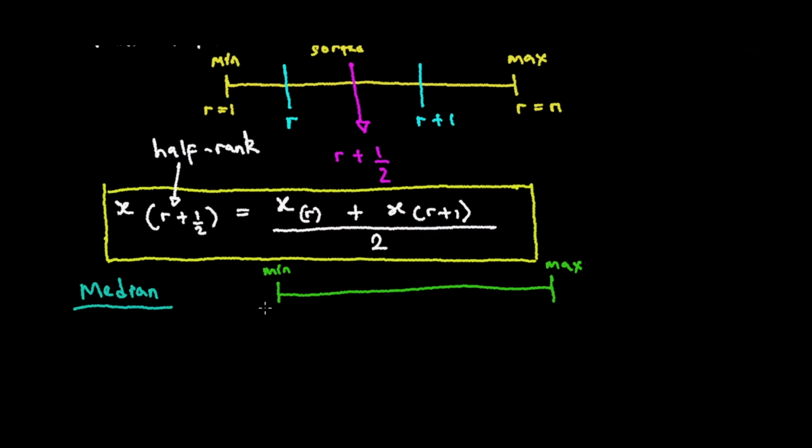We know kuti for the first number the minimum value r anenge ari equal to 1, for the last number r anenge ari equal to n, like that. Saka inonzi median, we know kuti it's inumber iri pakati panapa. Okay, we define the median of a bunch of n numbers as the number which has the rank n plus 1 over 2.